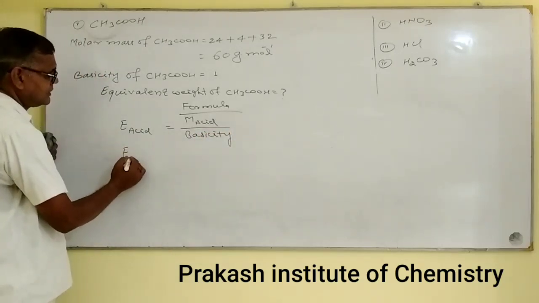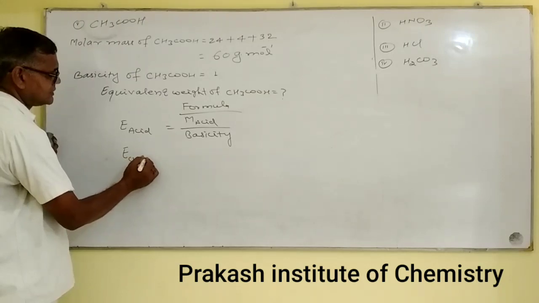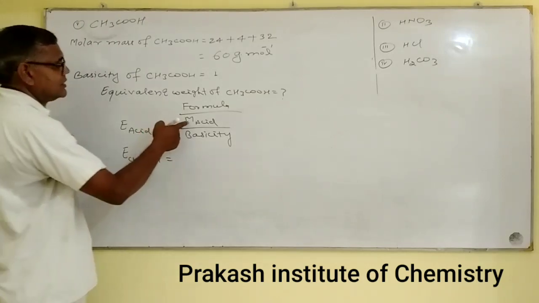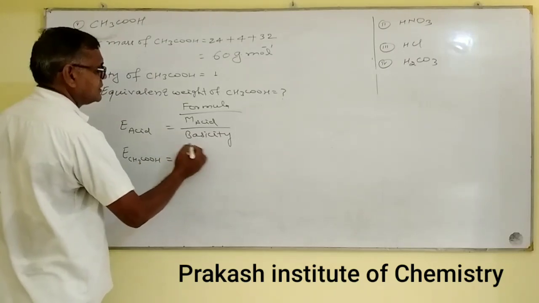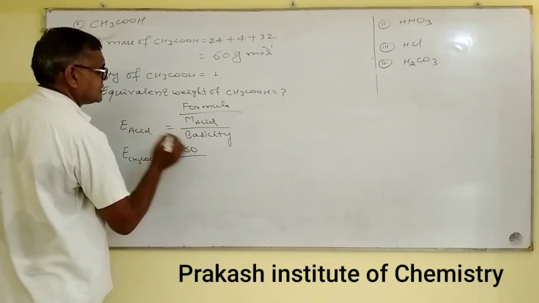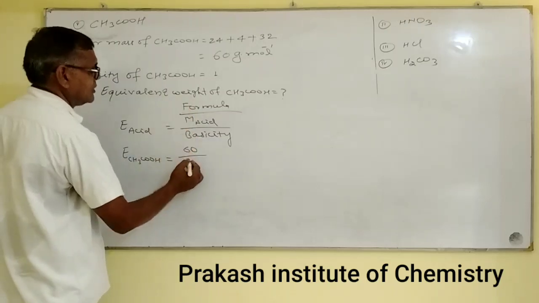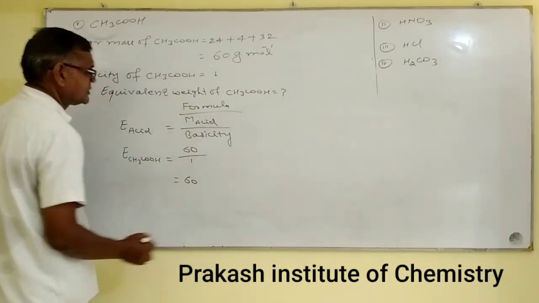Here we write E CH3COOH. Here we write molar mass of acetic acid 60, basicity is 1, we get 60.